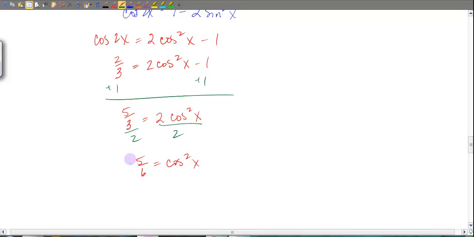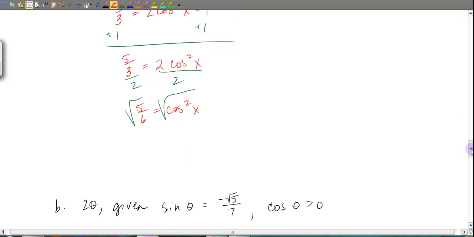And now I want to take the square root of both sides. So I'm going to rewrite this so it looks like the cosine of x is equal to the square root of 5 over the square root of 6. I can take it from this form and rewrite it so that the numerator and the denominator each have their own radical symbol.